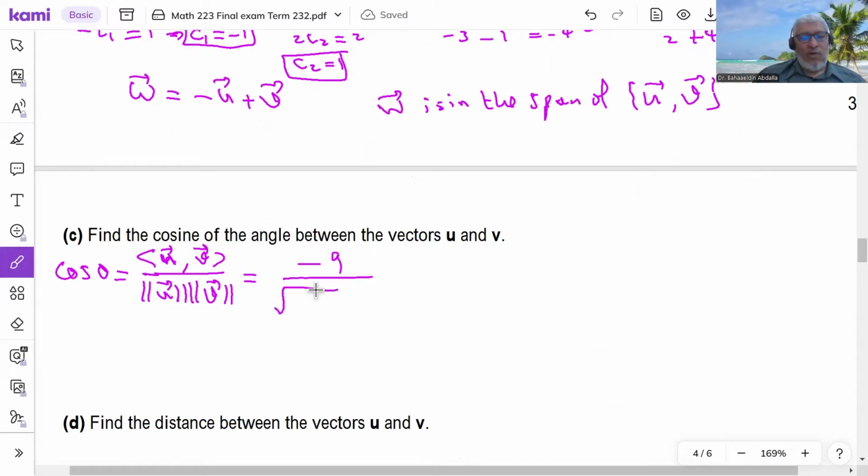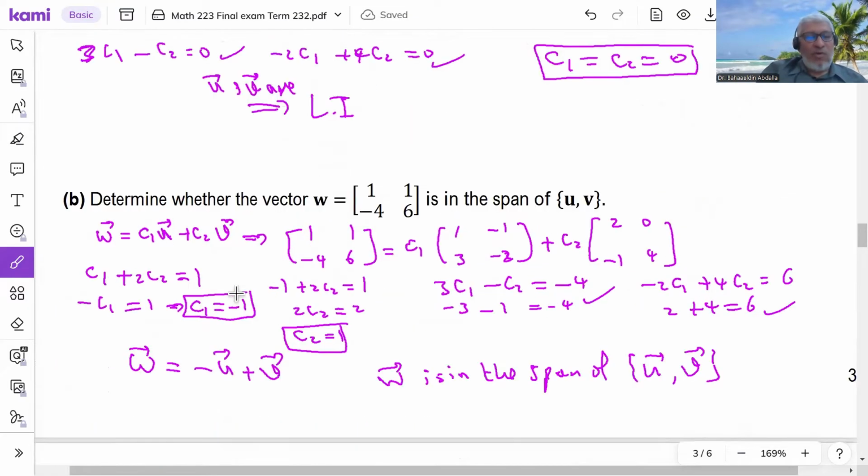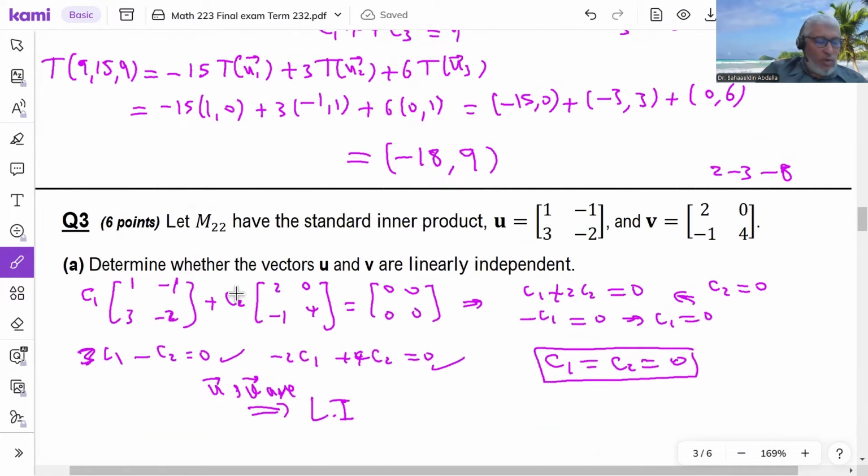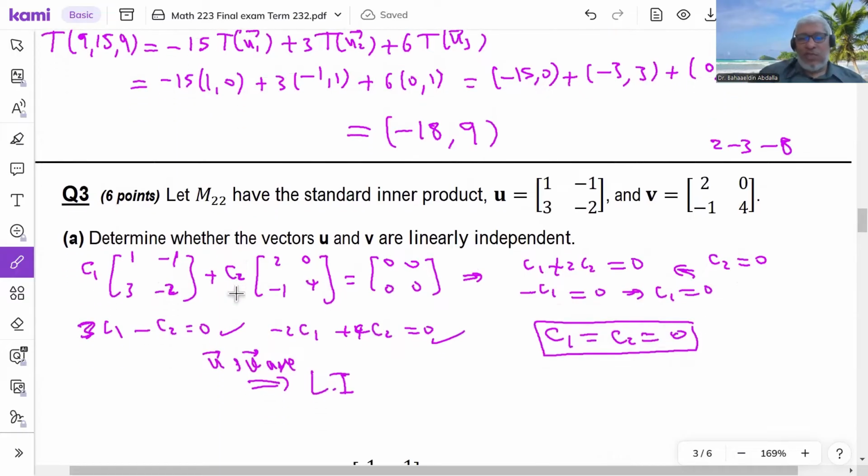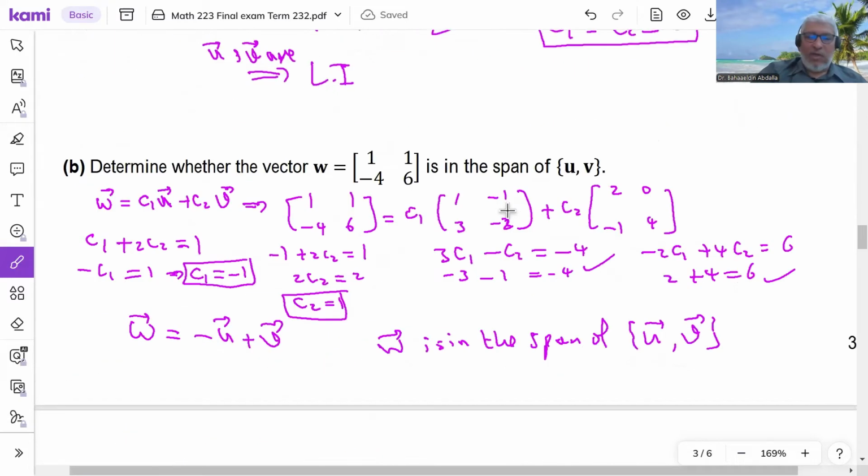Over the square root of the norm of u times the square root of the norm of v. Well, the norm of u would be the square root of 1 squared plus negative 1 squared plus 3 squared plus negative 2 squared. So it's 4 plus 10, 14 plus 1, 15.